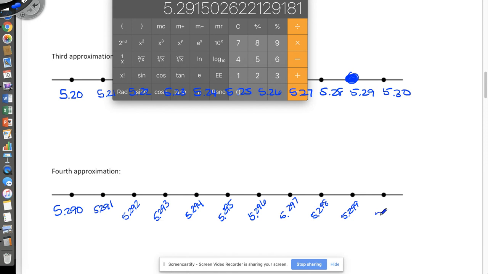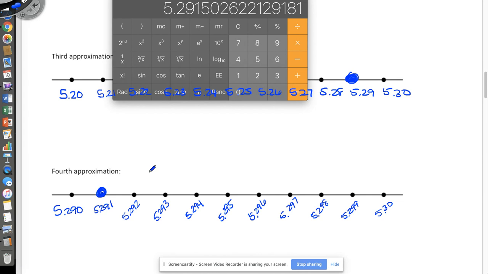And then this one will end with 5.30. All right, so our number here was 5.29. We got that, 5.291. So there is a more specific location.